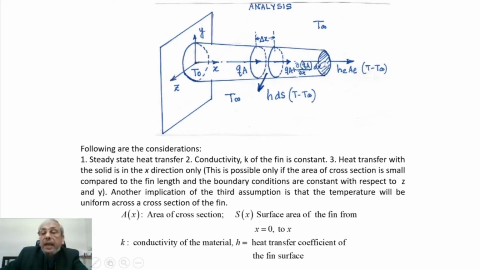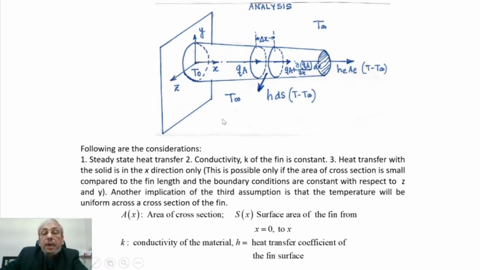And at the end, whatever is the end area, again there will be heat transfer, but we have written h_e deliberately. Normally h_e and h are the same, but for a special situation it can be different.